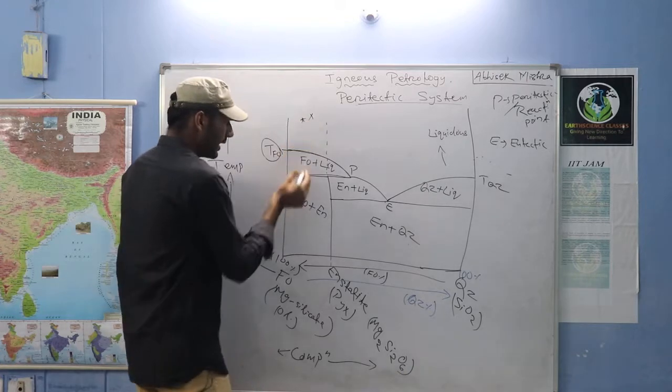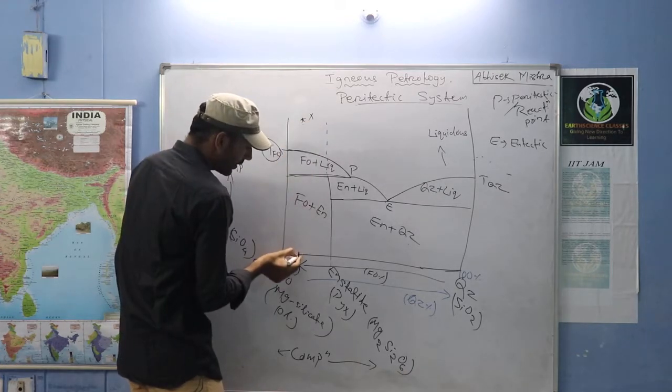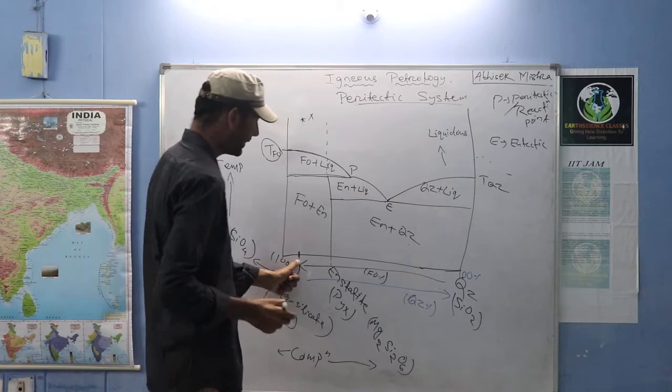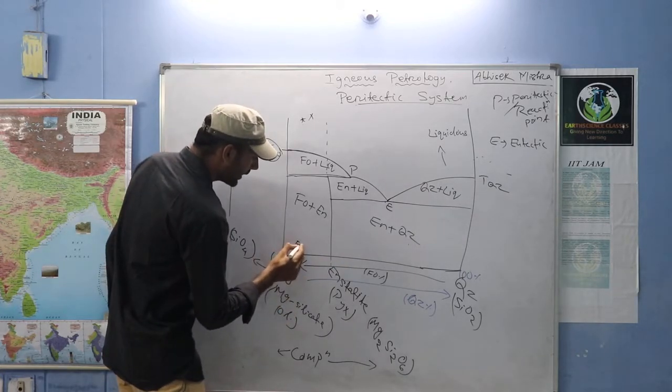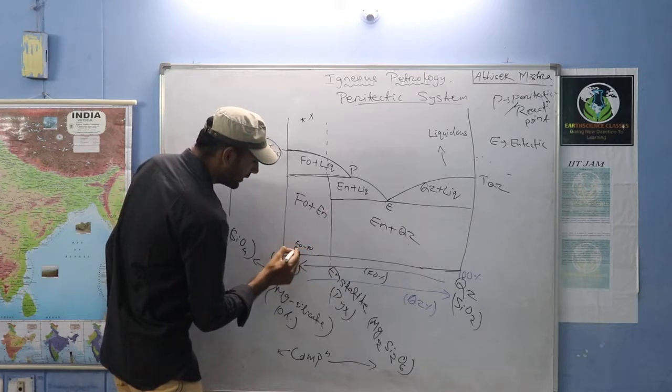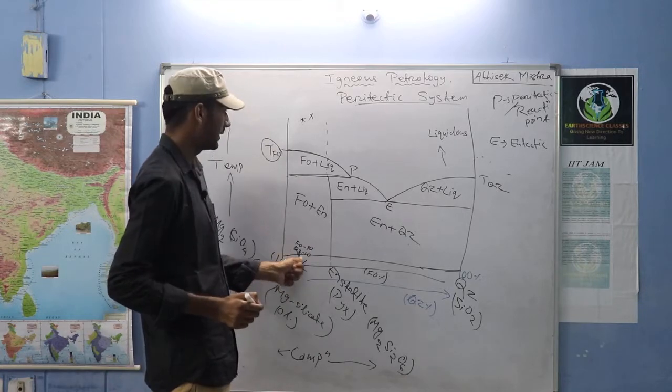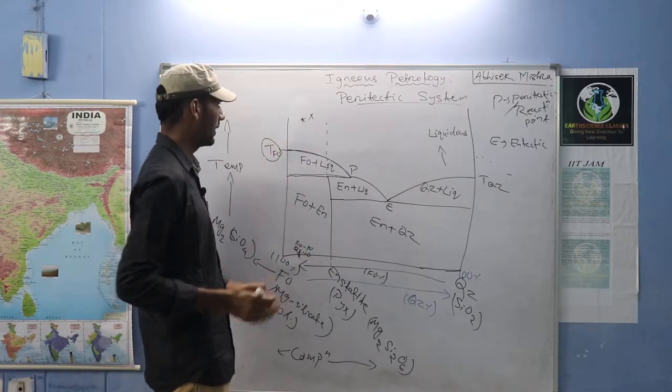That means it has this composition. Let's say forsterite 90 and quartz 10. I am taking this percentage, meaning forsterite 90 and quartz 10.